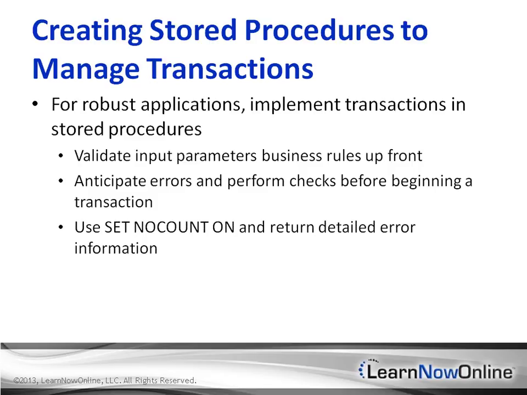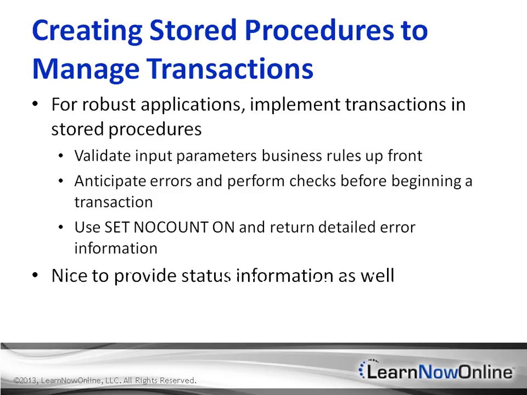And then, in general, you want to use the set no count on and return detailed error information to client applications. And using output parameters is a good choice because it's more flexible than raising errors as such. Now, in addition to sending back error information to clients, it's also nice to send general status information about the success or failure of an operation.